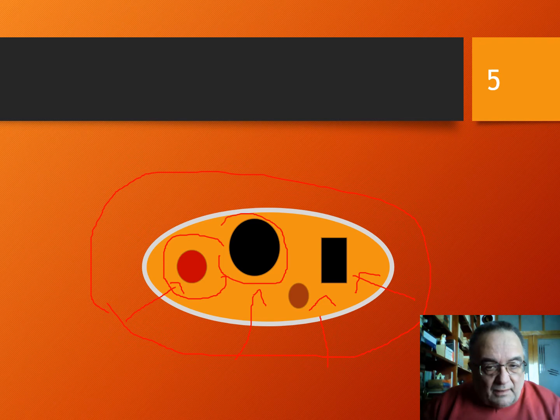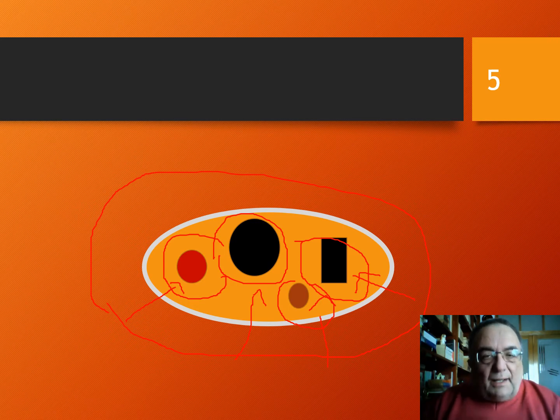And these elements are different. This one is a red circle. This one is a black one, a bigger one. This is an oval. And this is a square or anything that looks like one. So practically, in the case of poststructuralism, we are no longer interested in what makes up a whole, but what this whole is made up of.